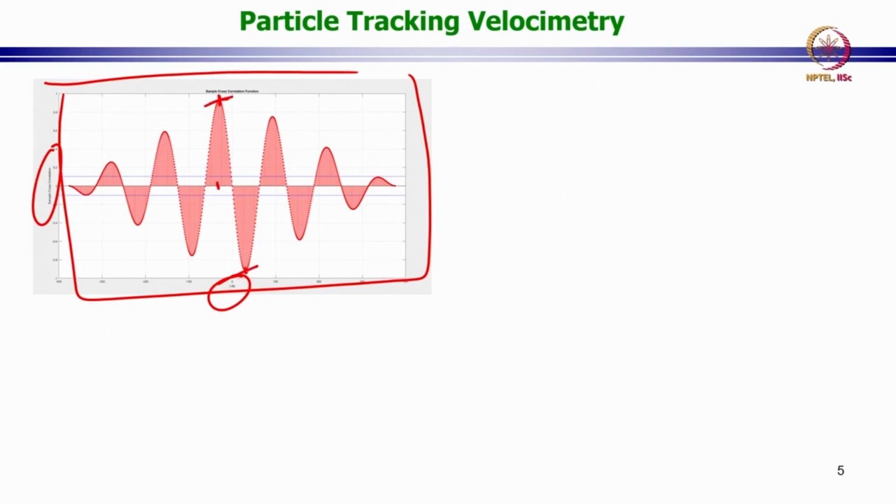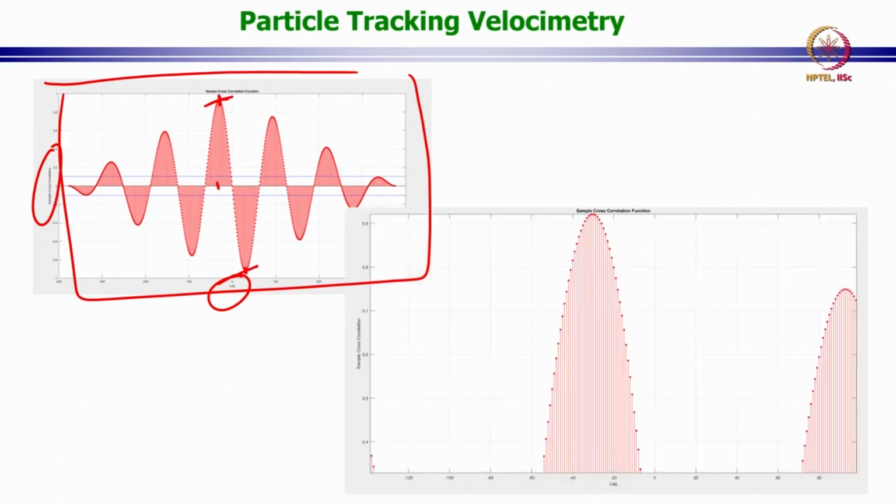Now if you magnify this, what you find is that this maximum, which is greater than 0.9, I haven't calculated exactly what value this is, happens at a value of basically pi by 2. So this lag value, which it is taking in numbers from the vector, corresponds to pi by 2.